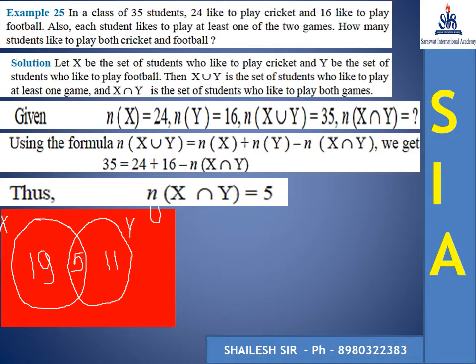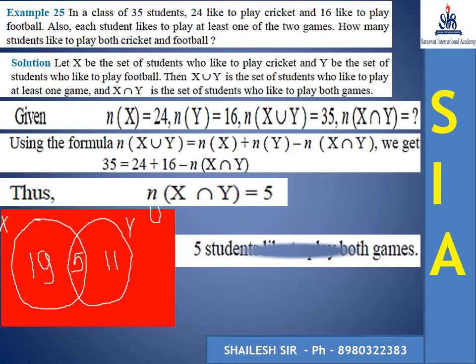And 16 minus 5 is 11, only playing football. So finally my answer: 5 students like to play both types of games. If you are asked how many students play only cricket, write 19, and only football, 11. Next.